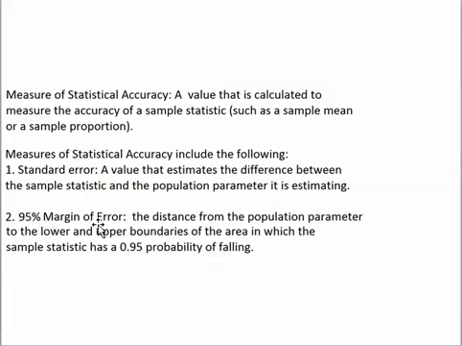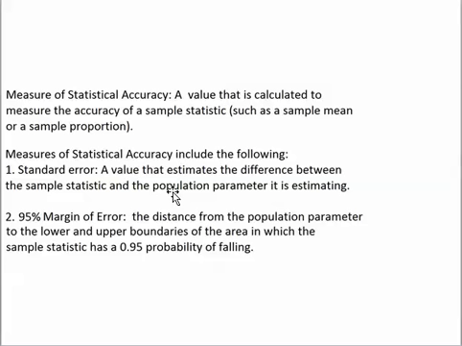The 95% margin of error tells the researcher the distance from the unknown population parameter that he or she is trying to estimate to the lower boundary and the upper boundary of an area in which the sample statistic is likely to fall. So the 95% margin of error really tells the researcher the range in which the sample statistic is likely to fall around the population parameter.